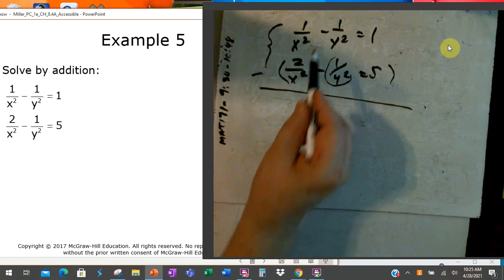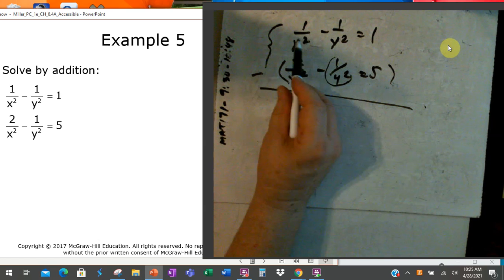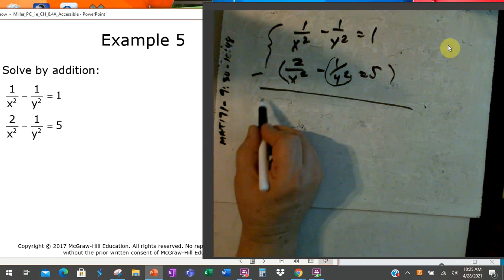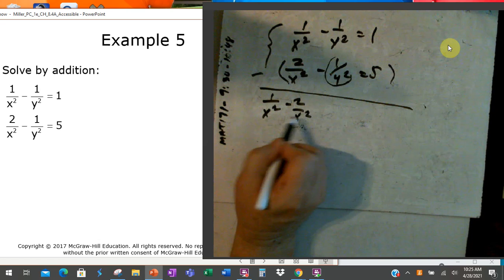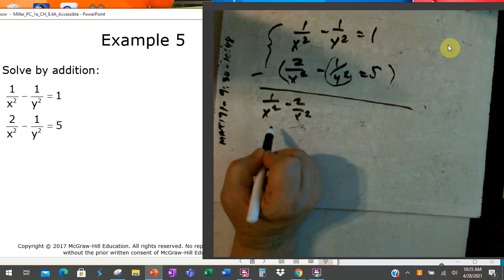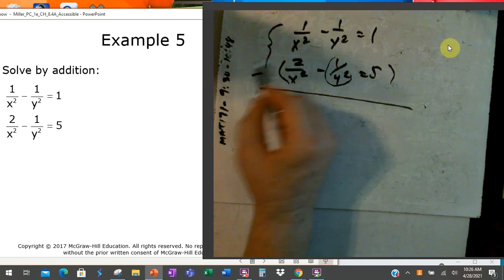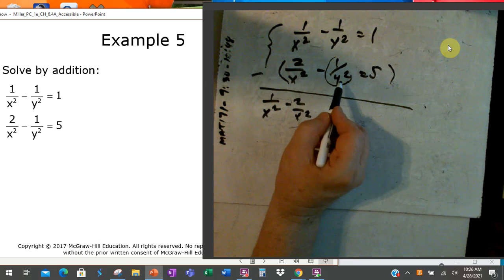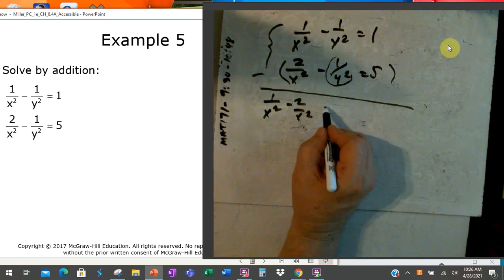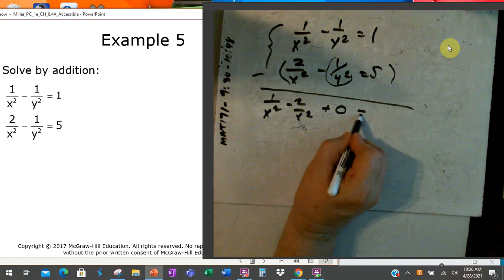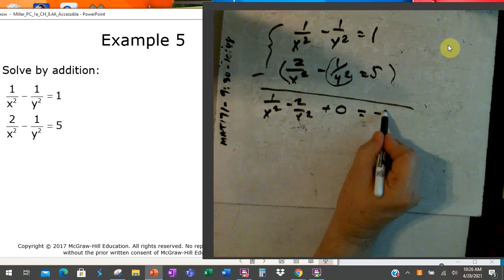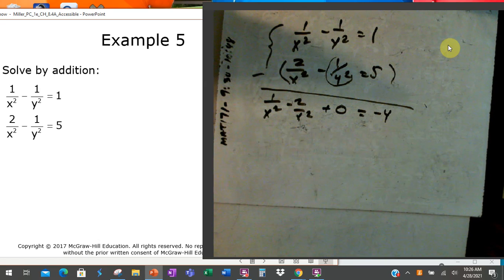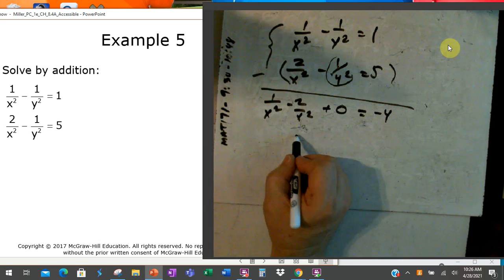Now here, I get 1 over x squared minus 2 over x squared, okay? Then this minus 1 over x squared plus minus 1 over y squared, sorry, that's 0. And then 1 minus 5 is equal to negative 4. Okay, and then now I just need to solve this.